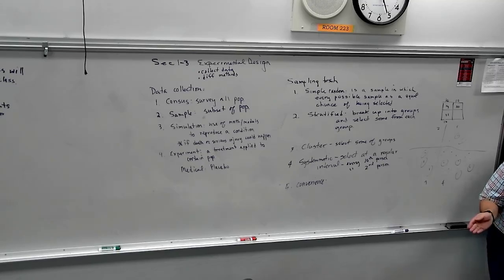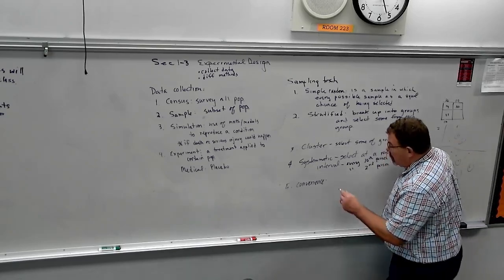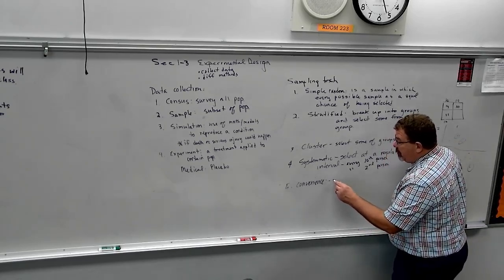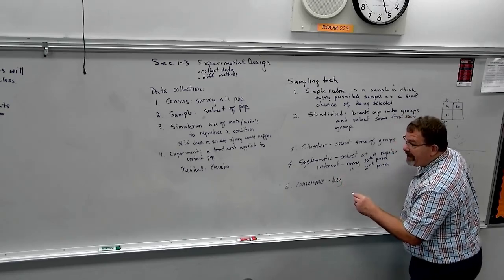It's garbage. It's biased. In other words, you were so lazy that you didn't have a method to collect your data. That data means absolutely nothing. It's just all biased data. Okay? So when I say convenience, I don't even know really how to explain it. You're just being lazy.